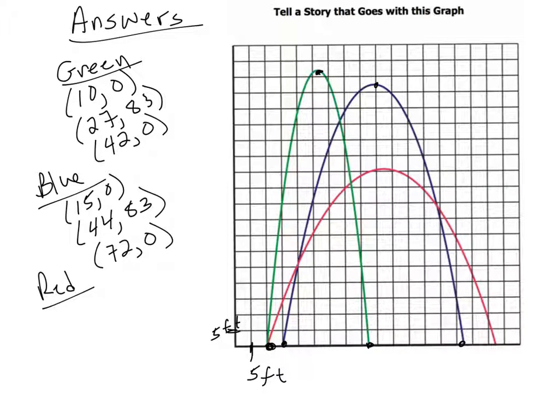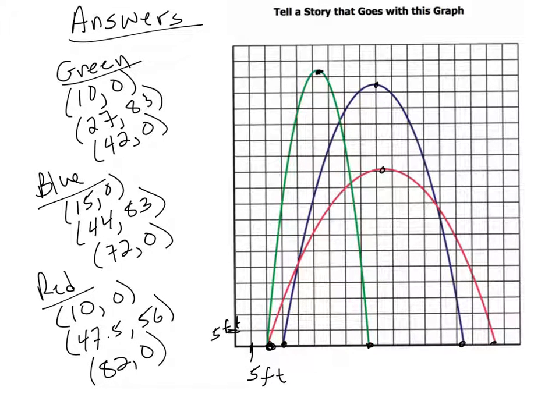And then my red one looks like the same starting point as the green one at (10, 0), definitely goes up the least, maybe 56 or so. So I'm going to say (47.5, 56). And then it ends furthest over here at (82, 0).